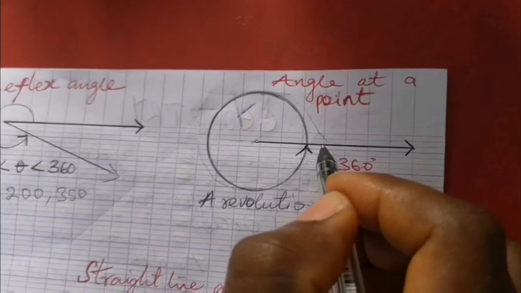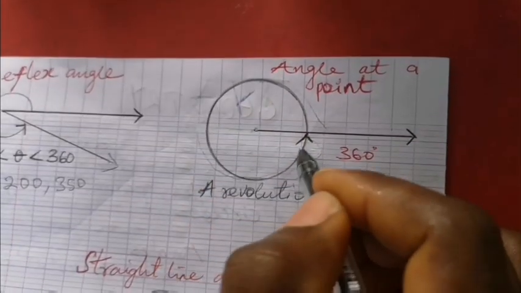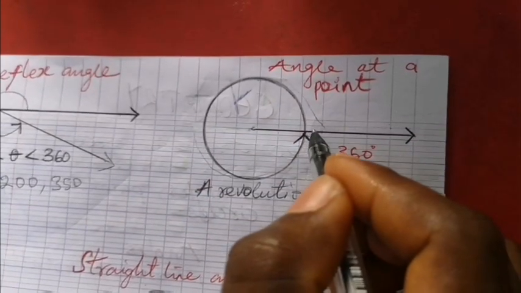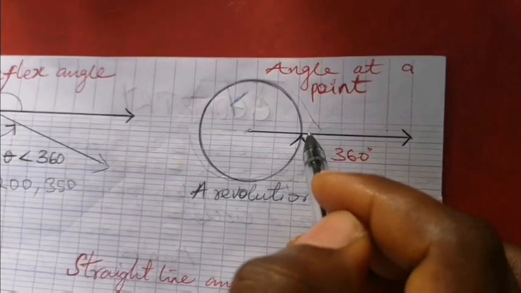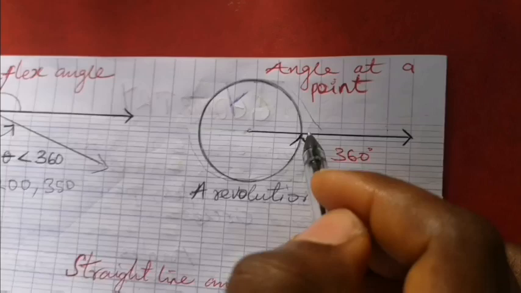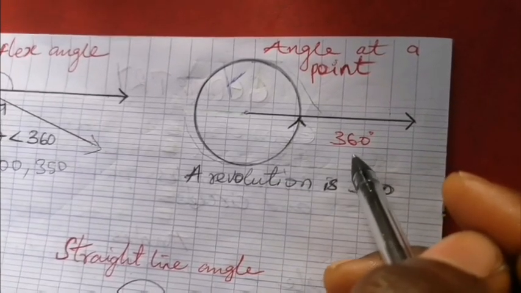The angle formed when this line moves from here and returns back is called angle at a point, and the value of angle at a point is 360 degree.